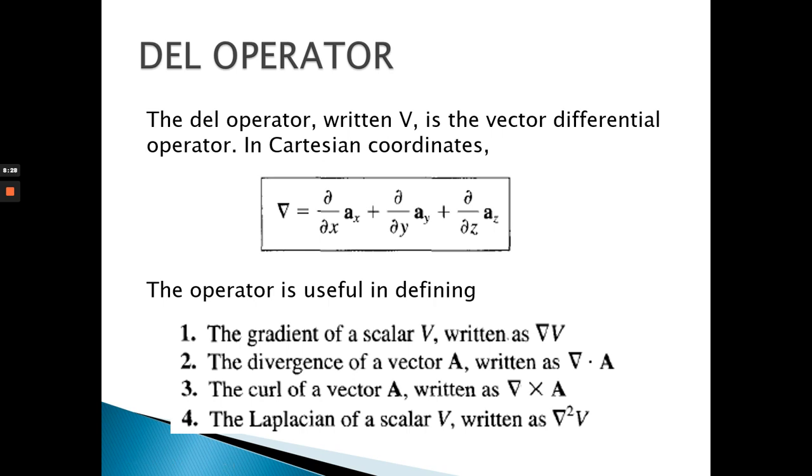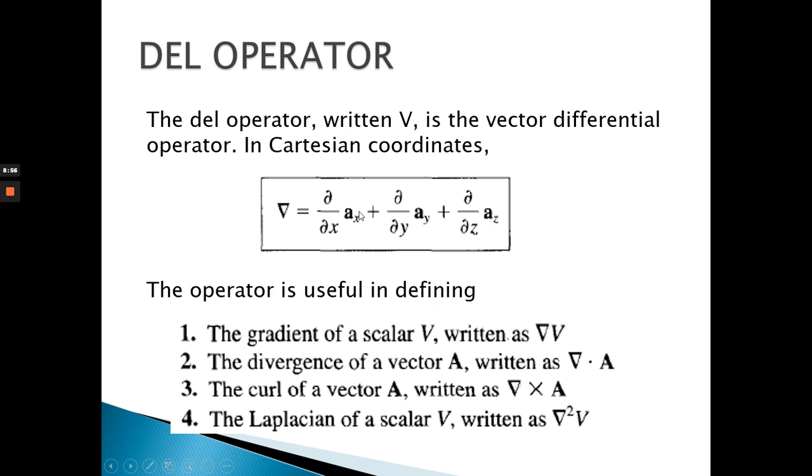If you put a divide sign, it will try to divide something. Similarly, if you put the del operator, it will do this operation. It will partially differentiate your vector. So we will go for an example later on, and then we will see.